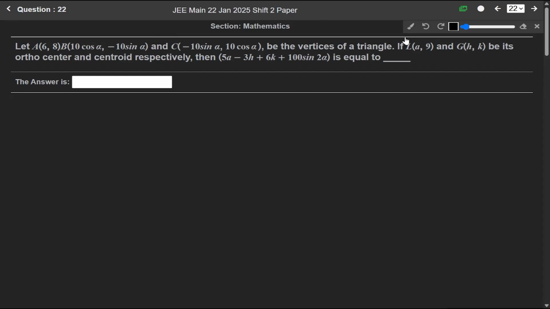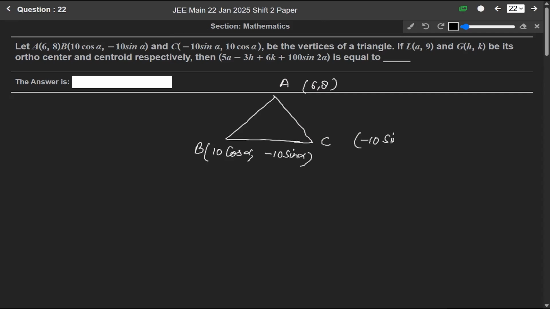So we are given A, B, C. Let us say this is A(6, 8), B is given as (10 cos alpha, -10 sin alpha), and C is given as (-10 sin alpha, 10 cos alpha), the vertices of a triangle.